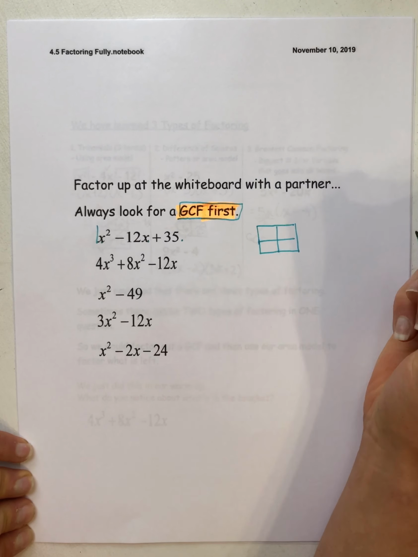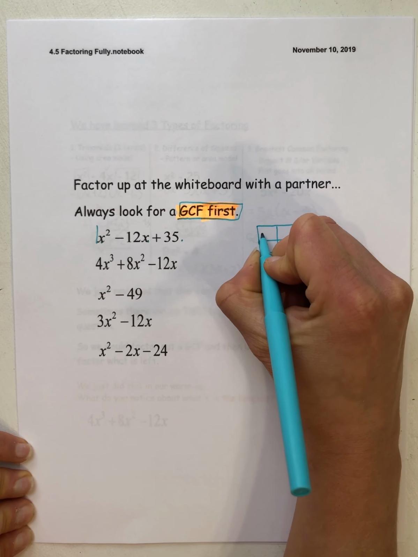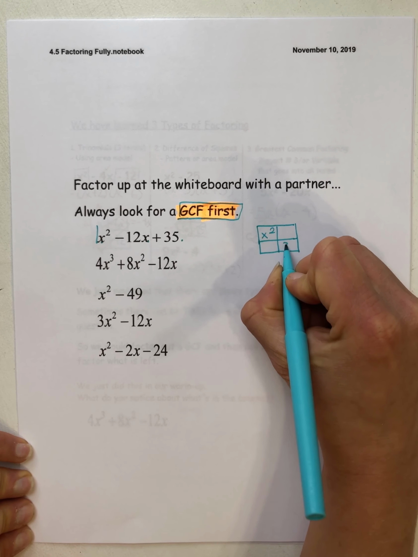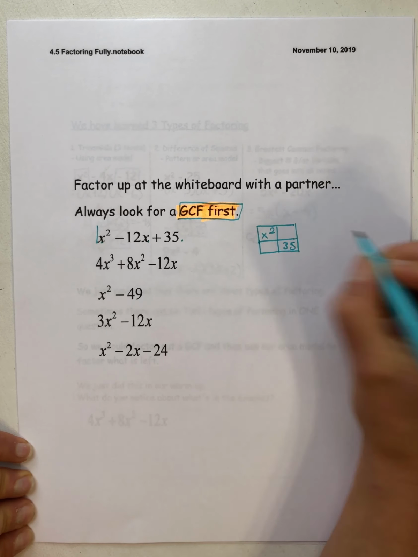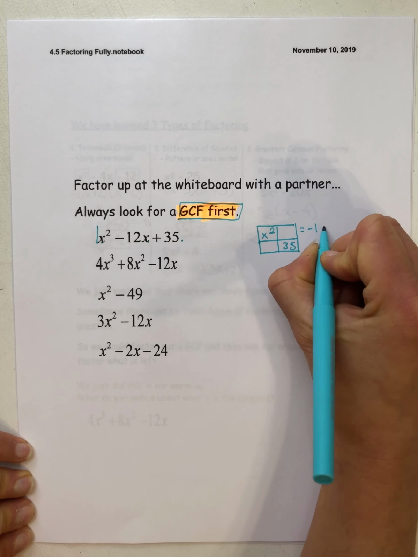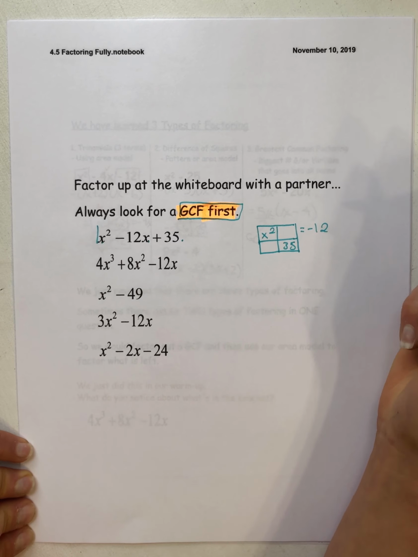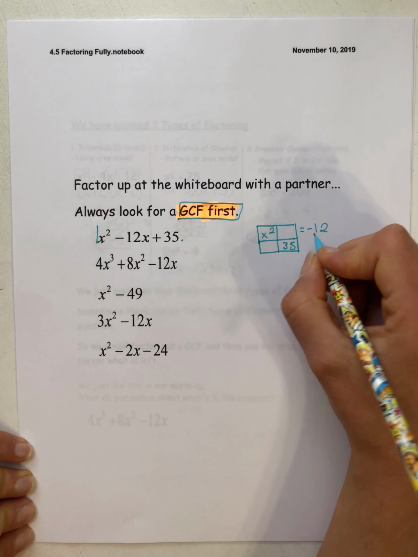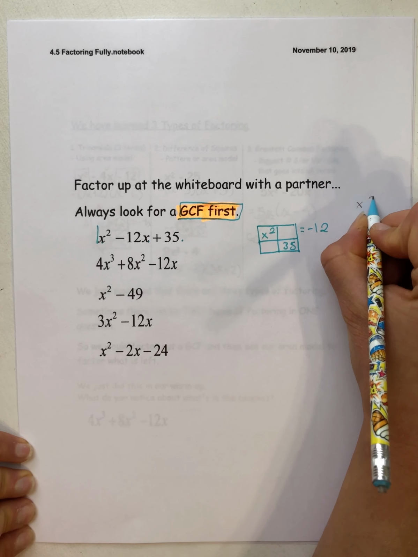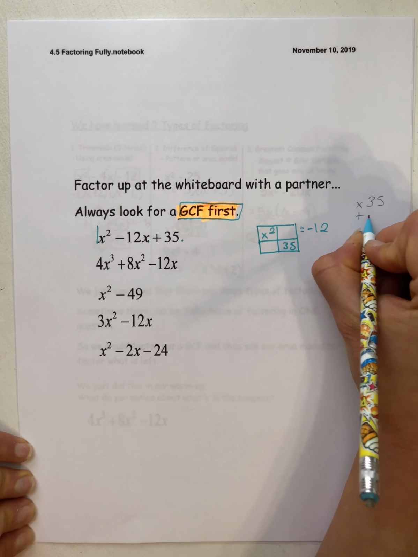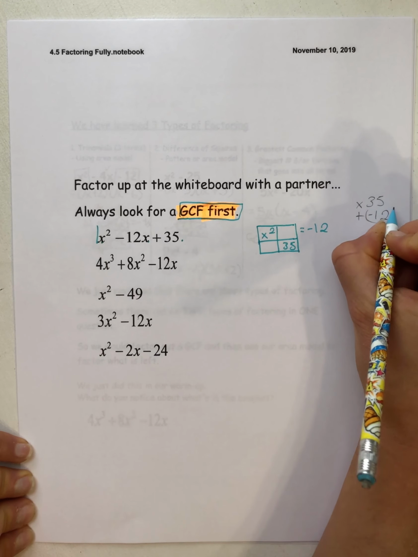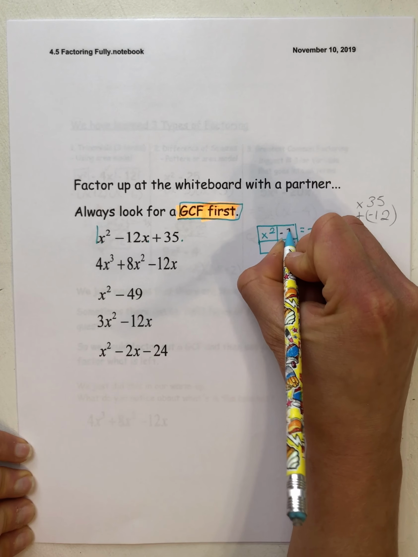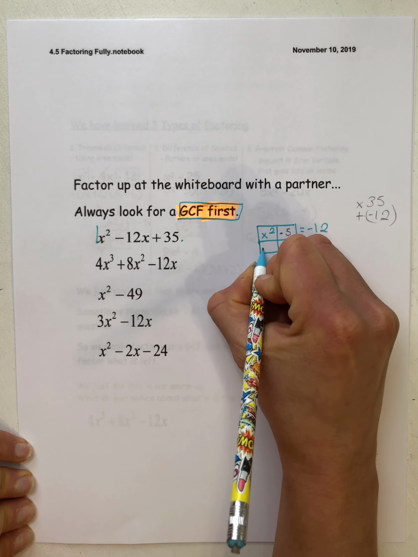Okay, when we use our window method, we have x squared and we have 35, and they equal to negative 12. And then when we do the math and we figure out what multiplies to 35 and what adds to negative 12, we get negative 5 and negative 7.